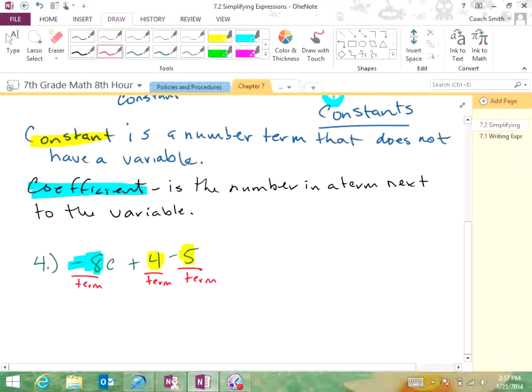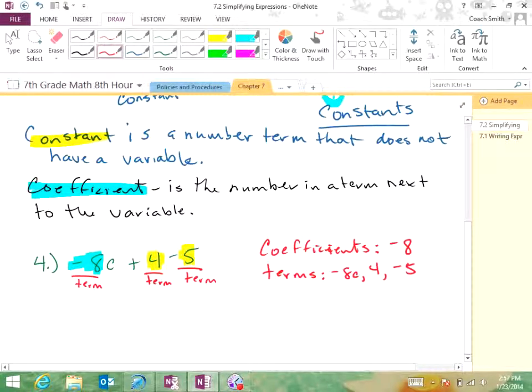Okay, so in this problem, the coefficient is negative 8. The terms: negative 8c, 4, and this will be a little confusing to you, but I'll explain it to you, negative 5.